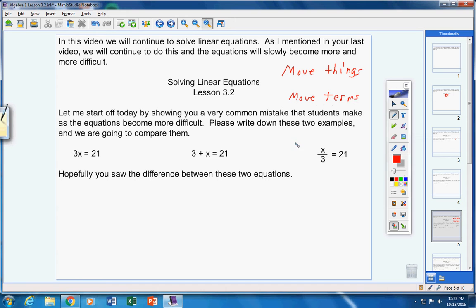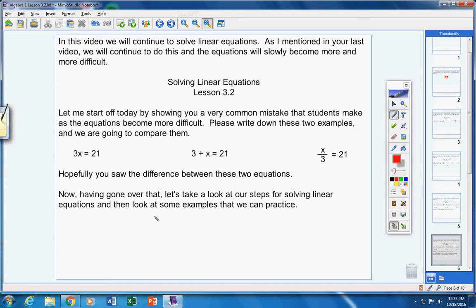You cannot move part of terms. Hopefully you see the difference between these three equations, because if you don't, you're going to be moving things when you shouldn't be. You must move complete terms, okay?